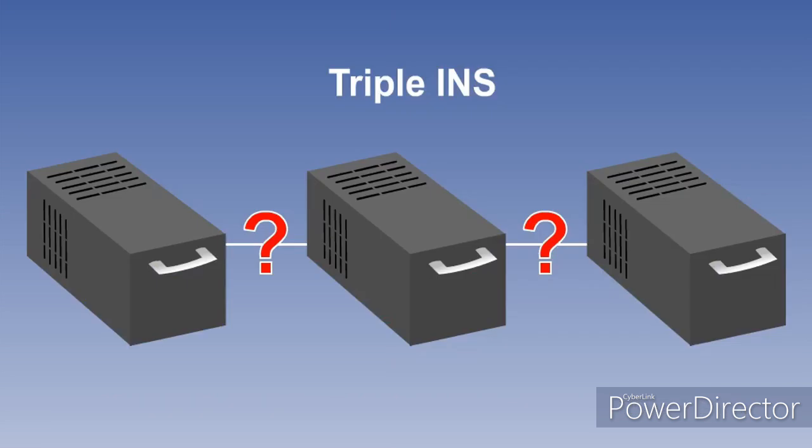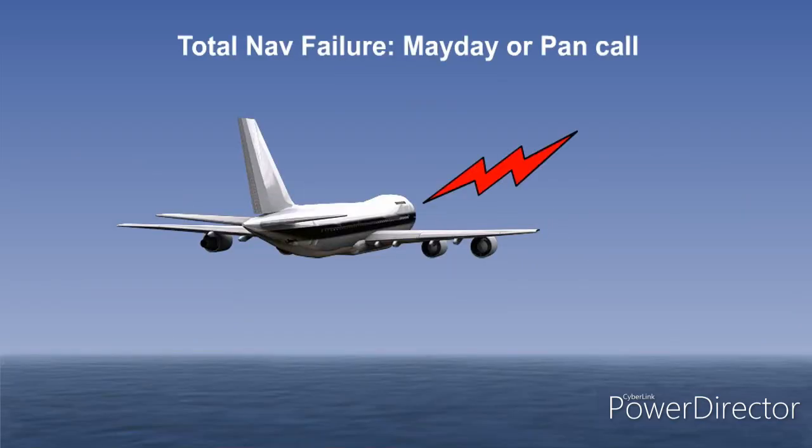With a triple INS fit, the 3 platforms compare readings to ensure use of the most accurate information. With twin INS, if one fails, a second source of information is needed to determine which of the 2 is the more accurate. In the event of a total navigation system failure, an emergency must be declared, and the appropriate procedures followed to maintain separation from other aircraft.